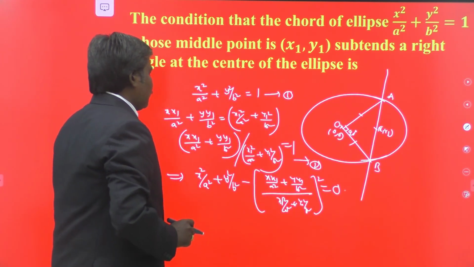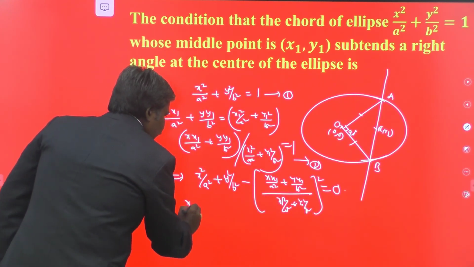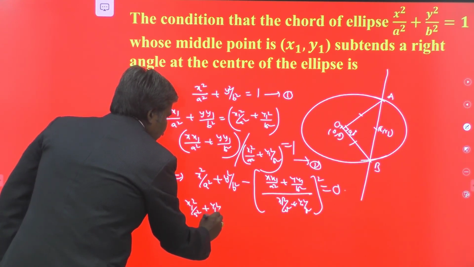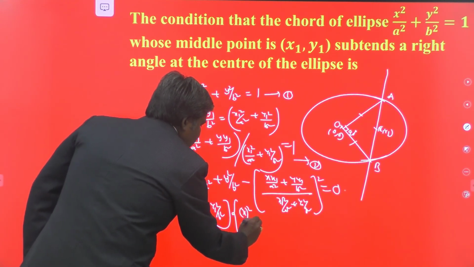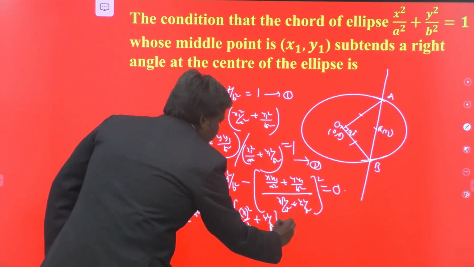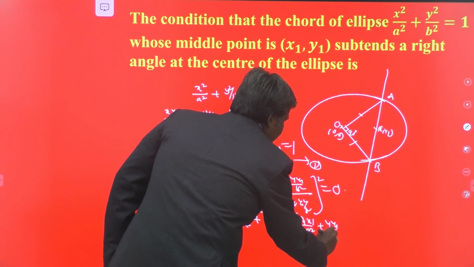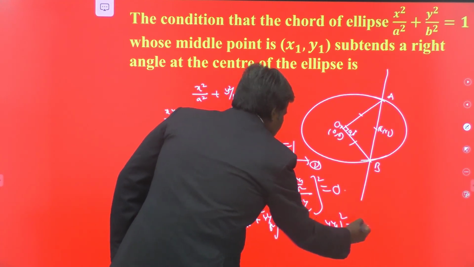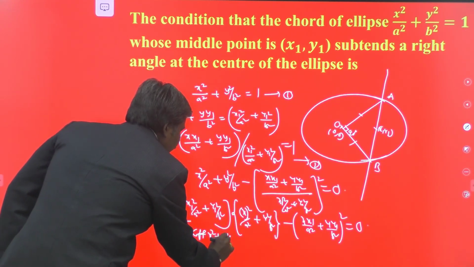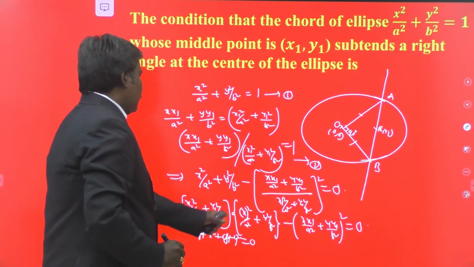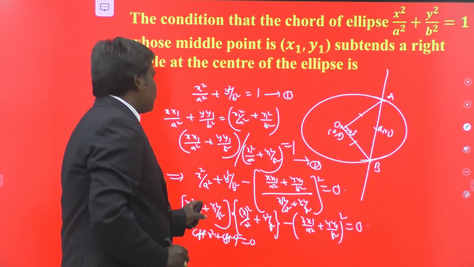Now coefficient of x² plus coefficient of y² is equal to 0. Take that one to the common: (x1²/a² + y1²/b²)(x²/a² + y²/b²) minus (xx1/a² + yy1/b²)² = 0. Now coefficient of x² plus coefficient of y² is equal to 0. You have to write, what is the coefficient of x²? 1/a² times of this one plus 1/b² times of that same one.